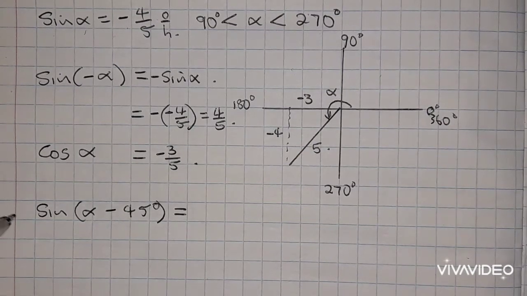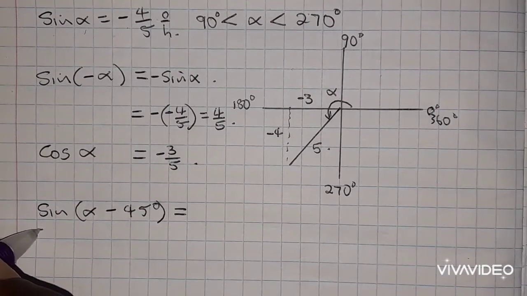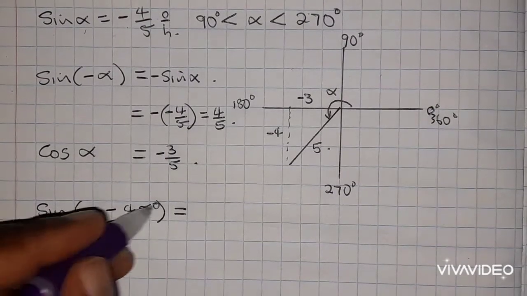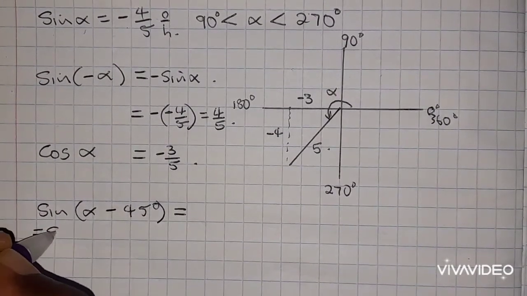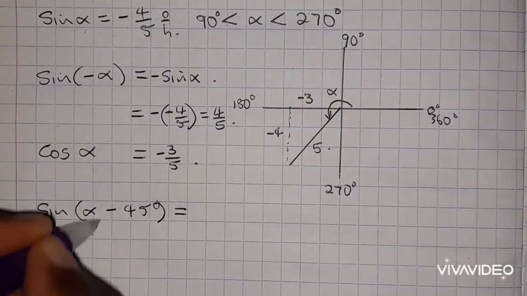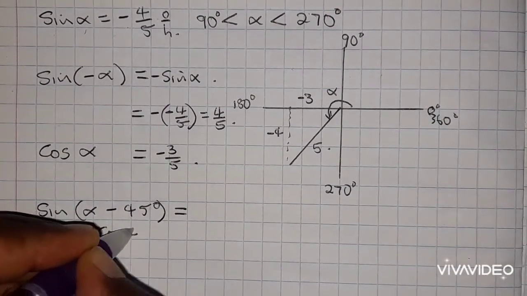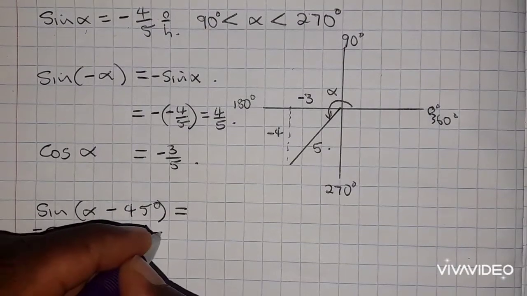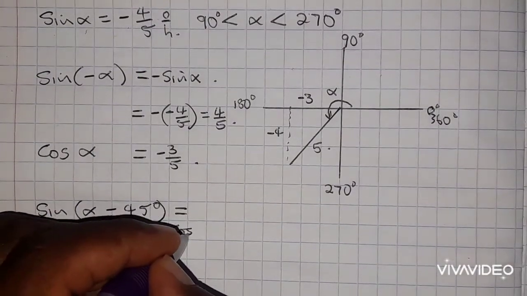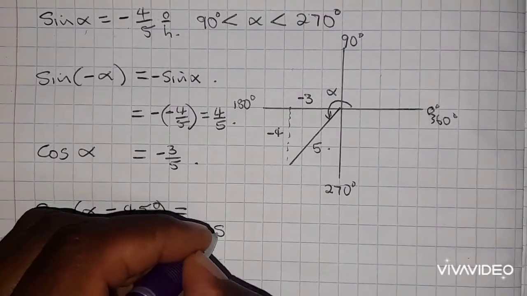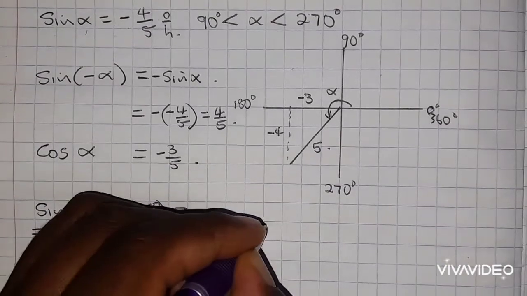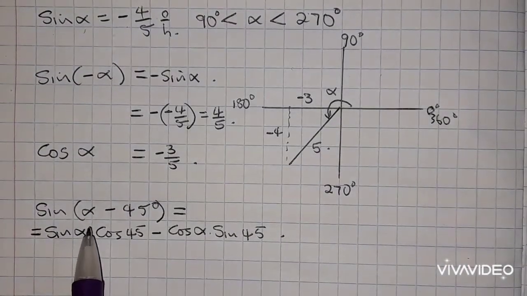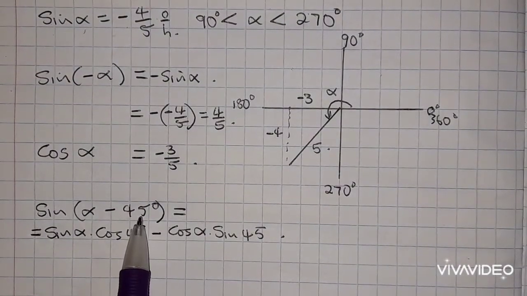You remember compound angle formula? Let's write it here. This is expanded as sine alpha times cos 45 minus cos alpha times sine 45. We have alpha, we have 45.